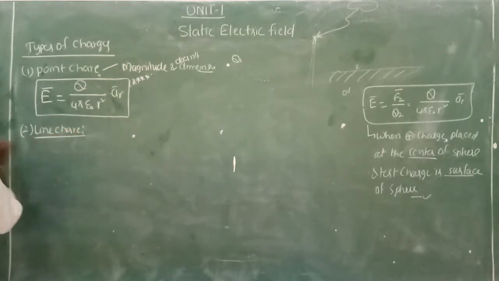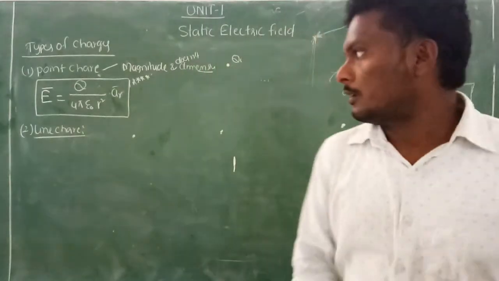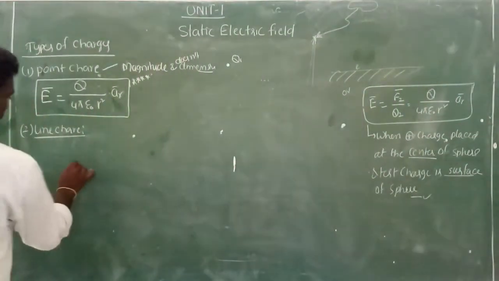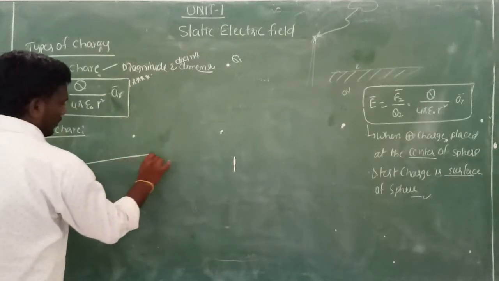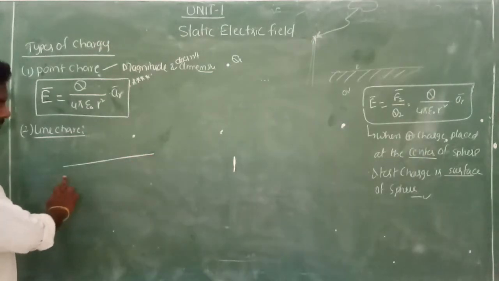How can you define the line charge? The name itself indicates that if the charge is uniformly distributed along the line. See, this is my line.